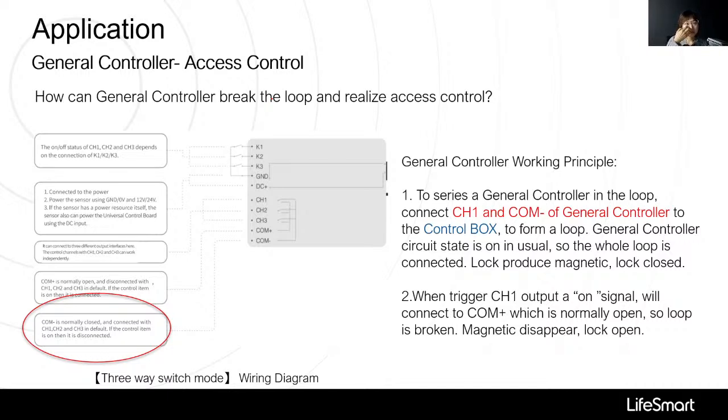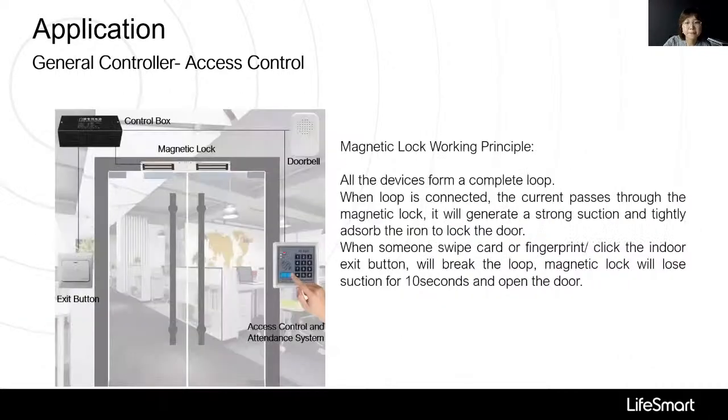We can connect a general controller in this system and wire the CH1 and COM- interface to the control box. Add a general controller in this system and connect it to the control box.